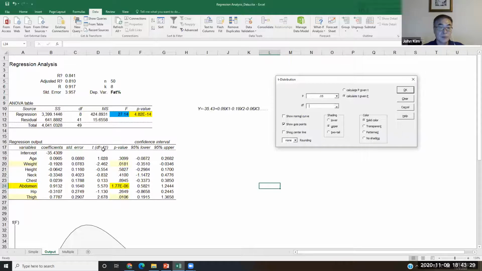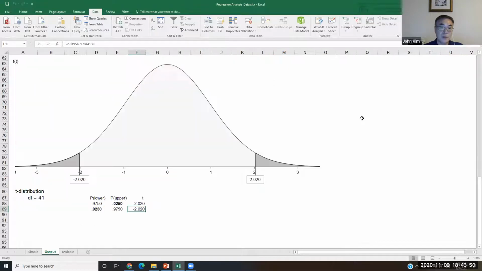Here in the output, the degree of freedom is 41. So type 41 there. And then this is a two-tail test. Then click OK. Then this one gives us the critical value of plus minus 2.02.